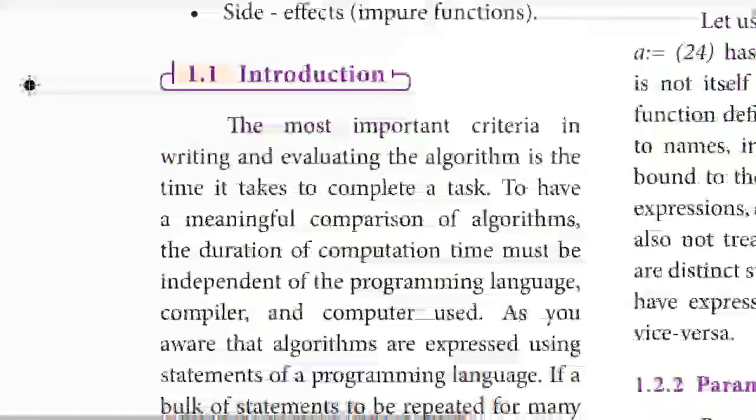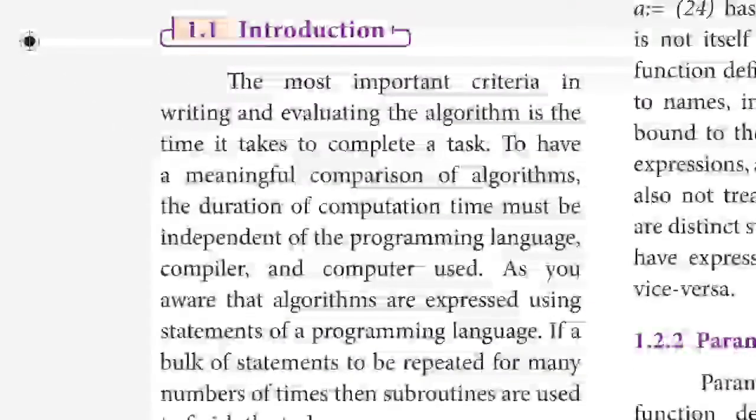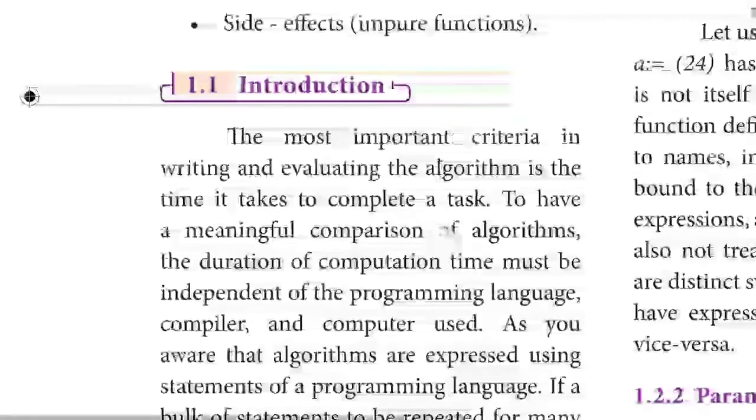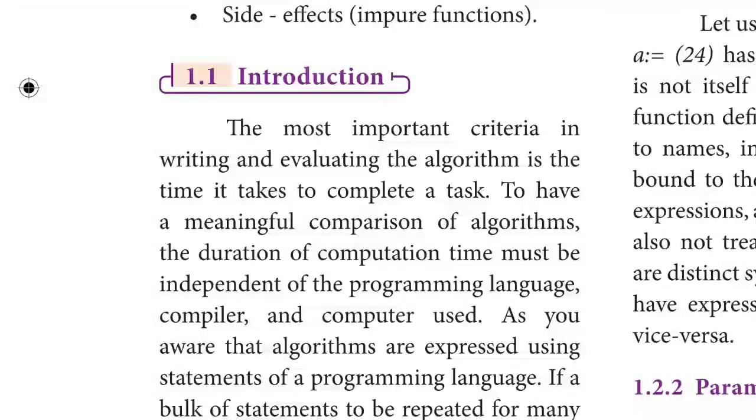The most important criterion in writing and evaluating an algorithm is the time it takes to complete a task. If you are writing an algorithm, a program, or developing software, the first factor to consider is time.